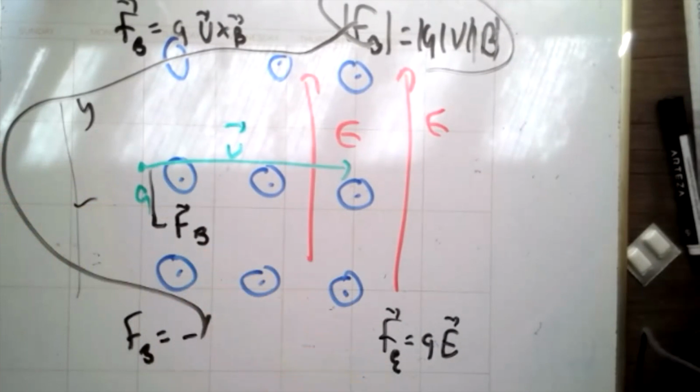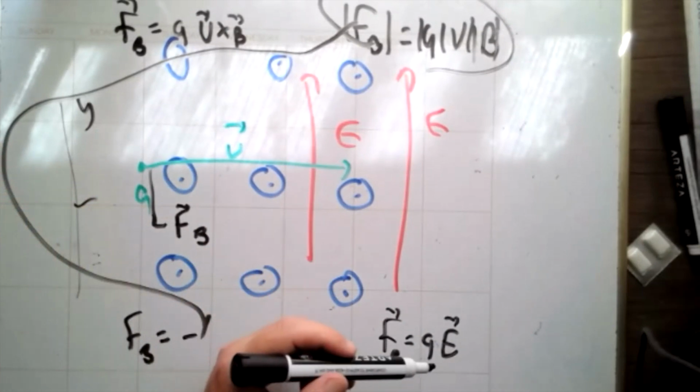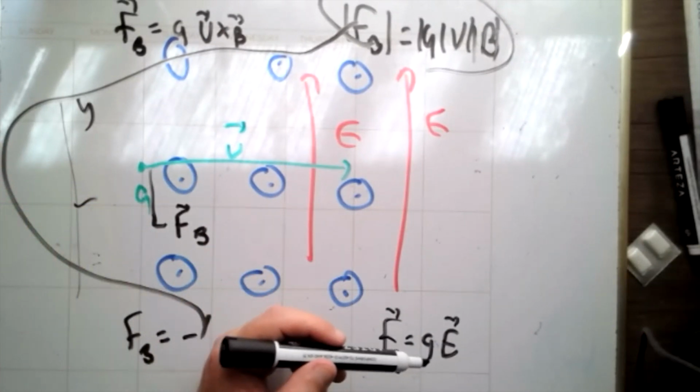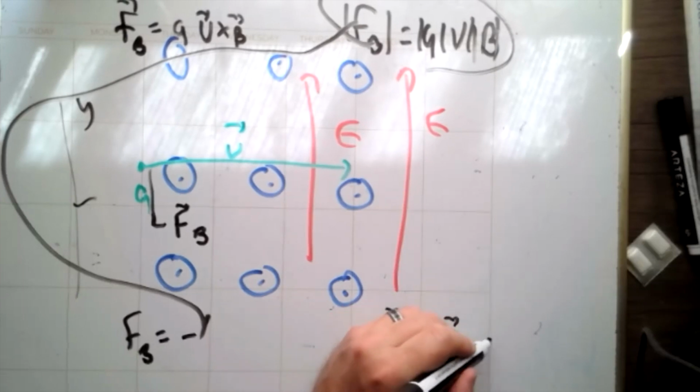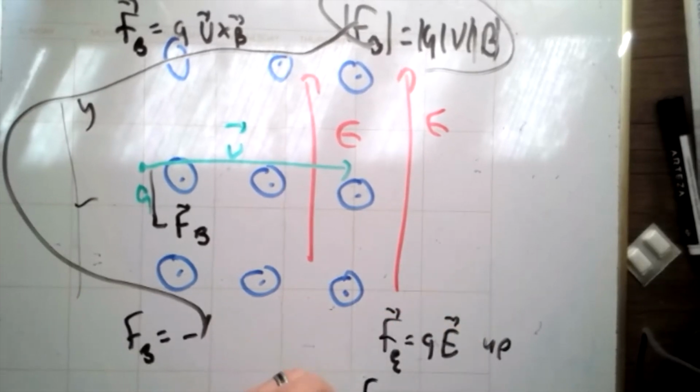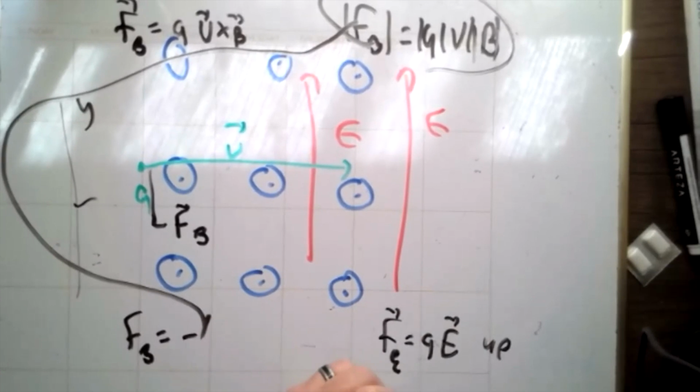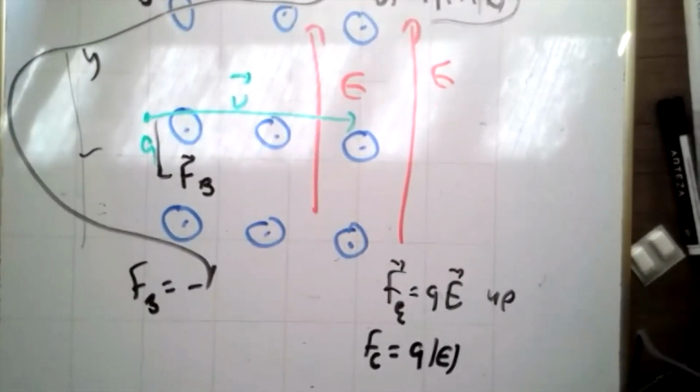Electric forces are always parallel or anti-parallel to your field. So this guy's going to point up. So Fe will be some positive, excuse me, Q times magnitude of E.